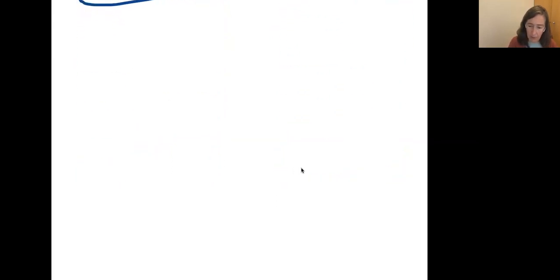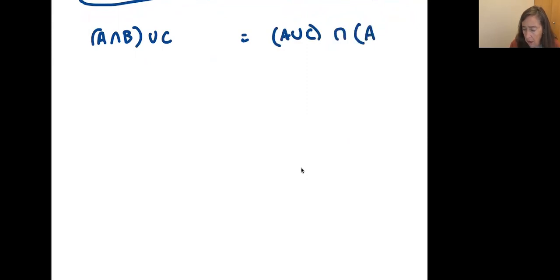Same story for the other distributive law here. So the other one, the claim is that A intersect B union C is the same thing as A union C intersect A union B. Draw it the same way.